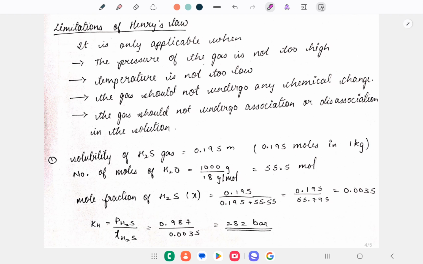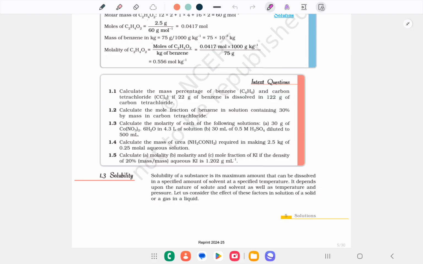Now we are going to give a quick NCERT reading. Now we have come to the solubility part. Solubility of a substance is the maximum amount that can be mixed up in a specified amount of solvent at a specified temperature. It depends upon the nature of the solute and solvent as well as the heat and pressure.